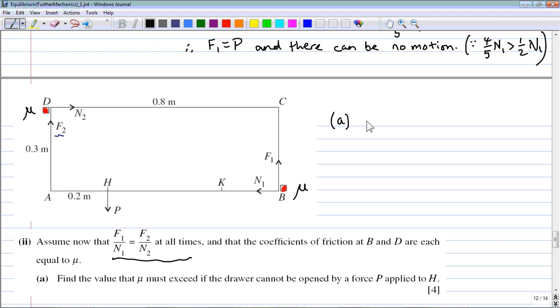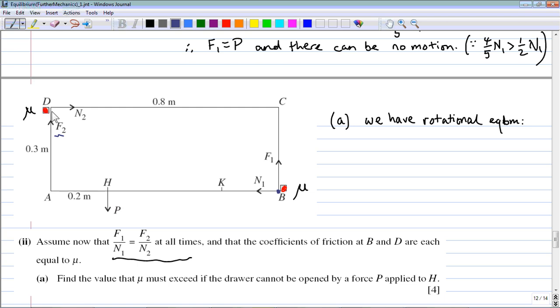As before, we have rotational equilibrium because B and D are fixed, which means that the drawer cannot rotate. And as before, we can take moments about any reasonable pivot. I again am going to choose B. If I chose H, I would have 4 forces which are not 0, and 3 forces with non-zero moments.